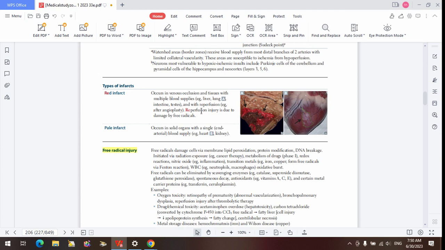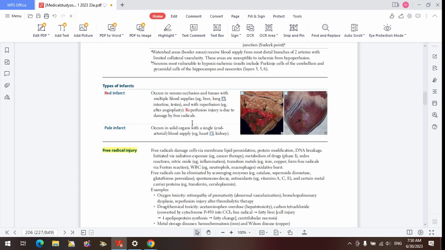Now, if there's obstruction of the hepatic portal vein, those areas will be infarcted. The hepatic artery is still patent, so it will continue to deliver blood. The blood will flow around those infarcted areas. That's why you are seeing red blood surrounding this dark area. You can see the red area filling in those infarcted areas. Can you appreciate that? That is the red infarct.